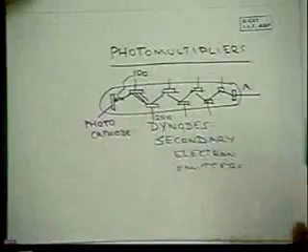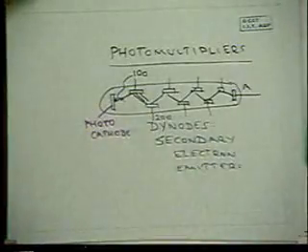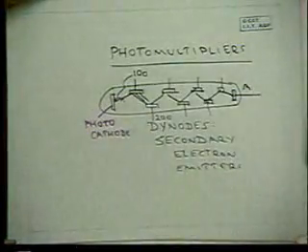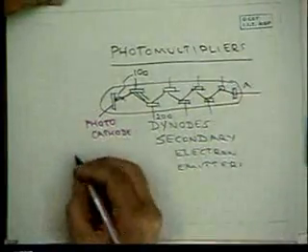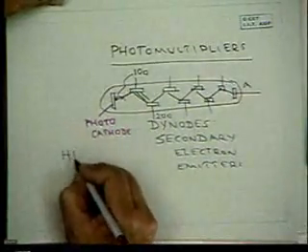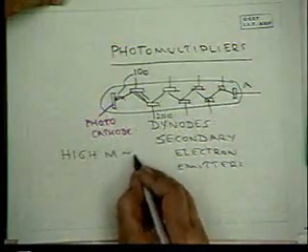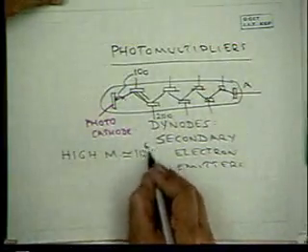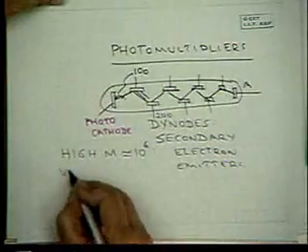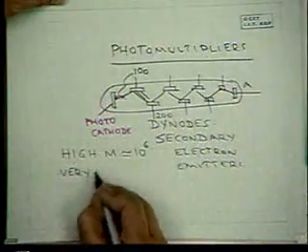It results in, say, maybe the ejection of 5 or 10 extra electrons, so you can get a high multiplication factor, even up to 10 to the power 6. Okay, very high sensitivity.